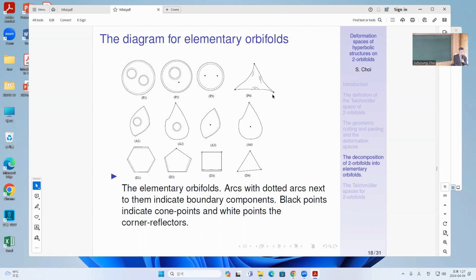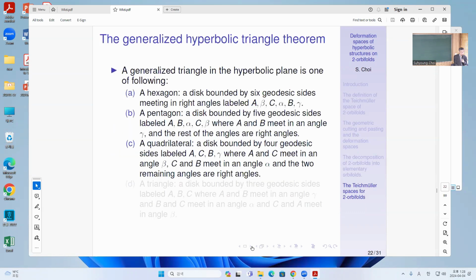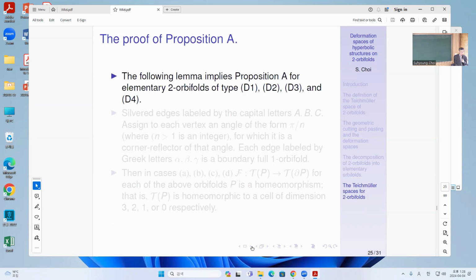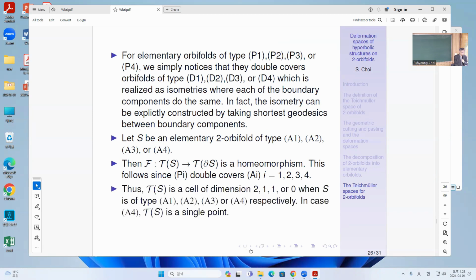Of course the order has to be the same here, and here the order has to be the same. So you do get a double cover by this, and then again that's an isometry. These are realized as isometries, and the same kind of argument will show you that this is realized as an isometry, and so the boundary length will determine the structure completely and so on.